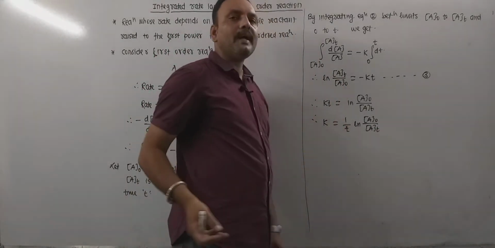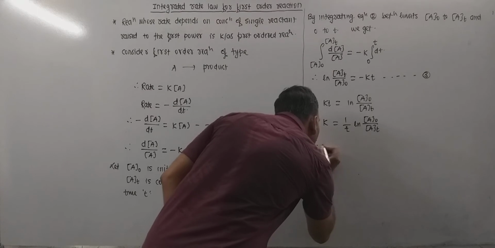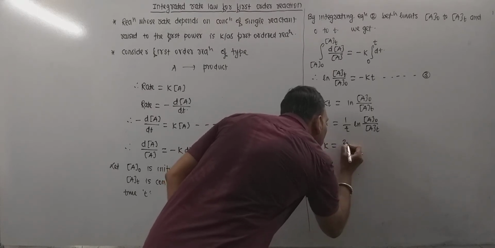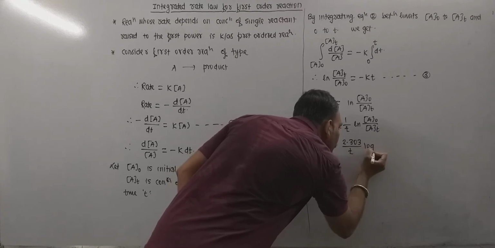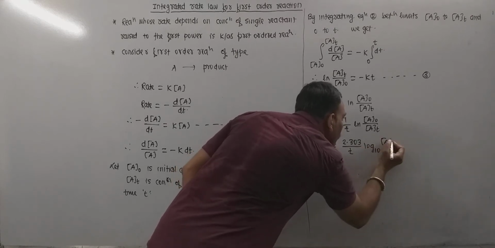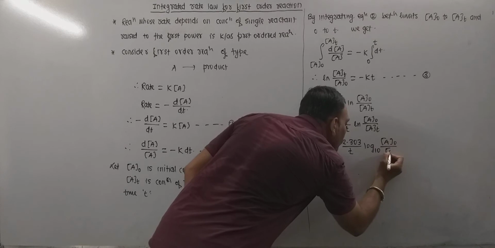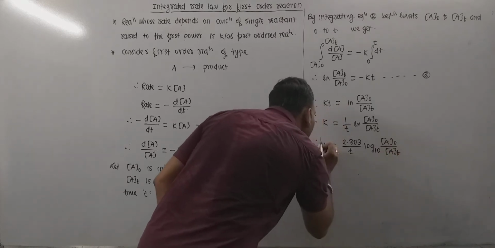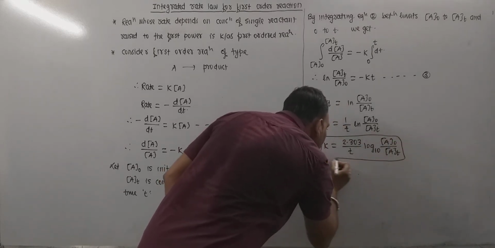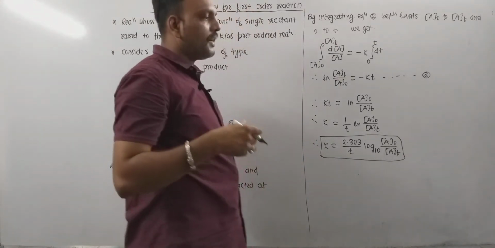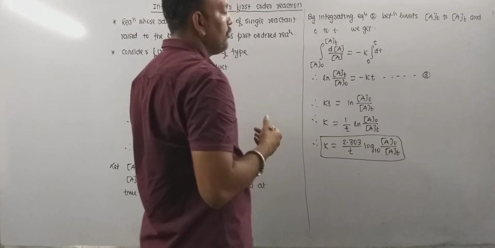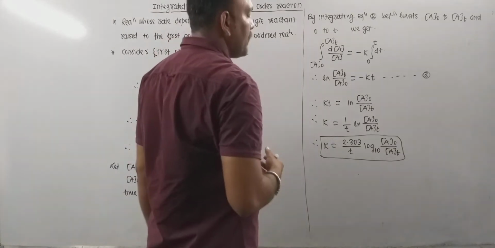Now by converting ln, we get k equals 2.303 by t log base 10 [A]0 upon [A]t. Remember, this is the integrated rate law or integrated rate equation for first order reaction.